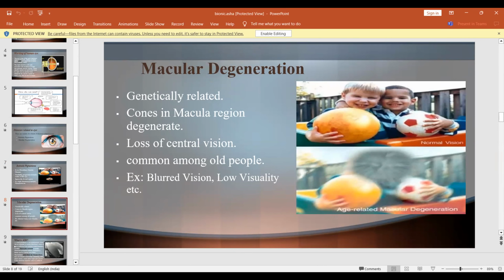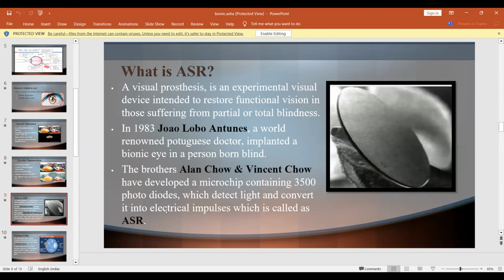Coming to the artificial silicon retina, with the help of the artificial silicon retina, we can overcome those two diseases. People who are facing retina problems will be able to see properly with the help of this artificial silicon retina, which we can see in the image.